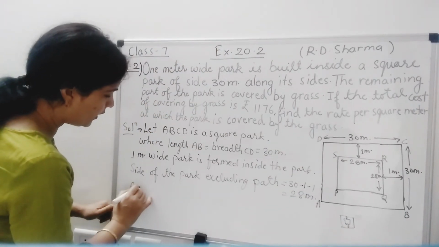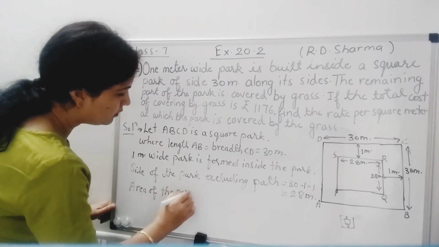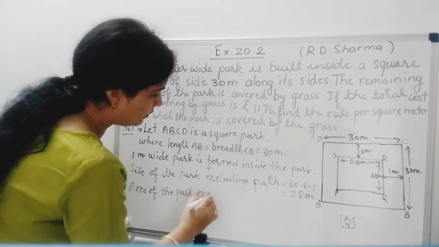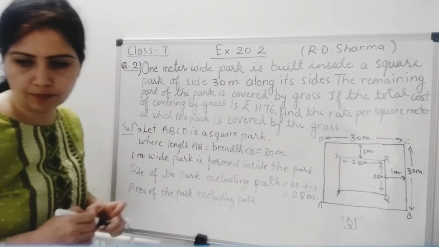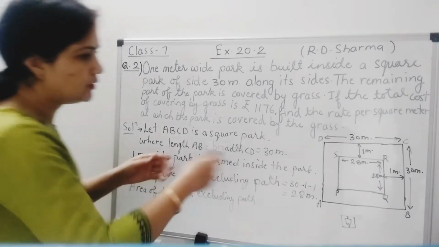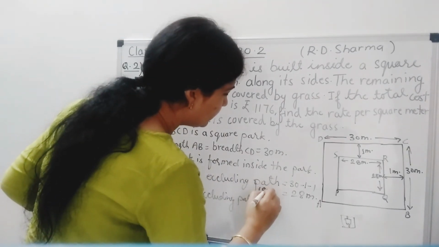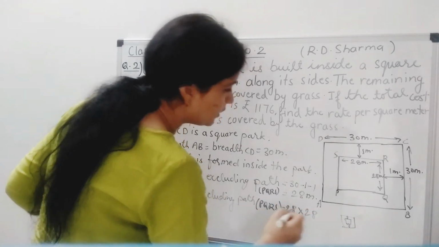So the area of the park excluding the path, here it is PQRS, sorry I didn't write it. PQRS will be 28 multiplied by 28 because it's a square.